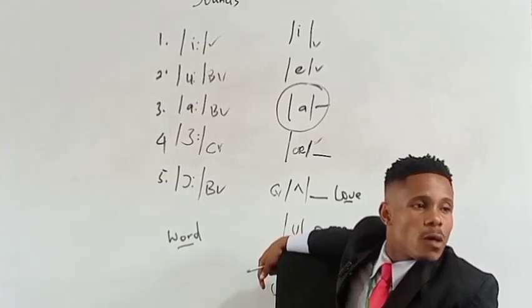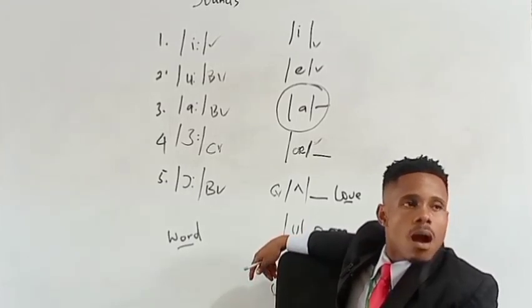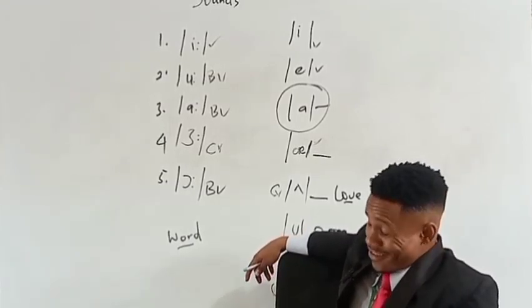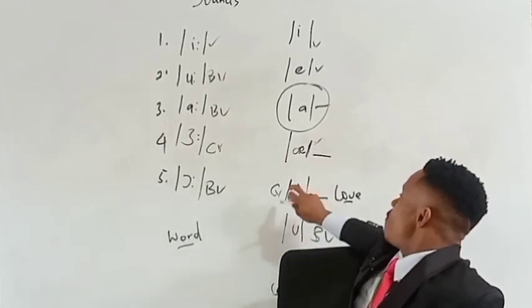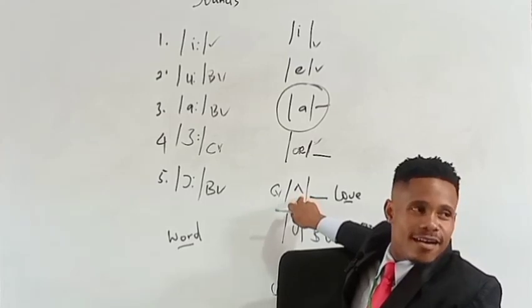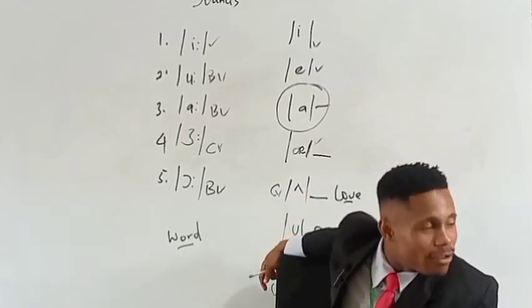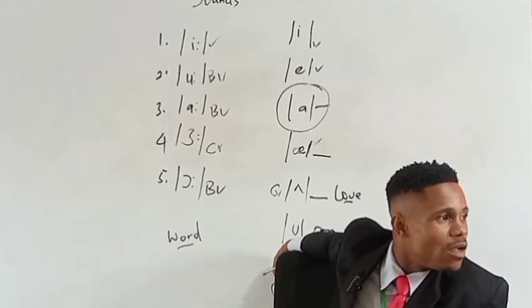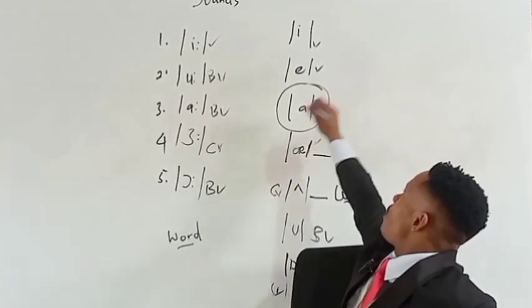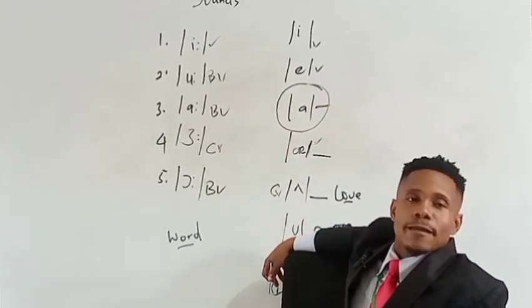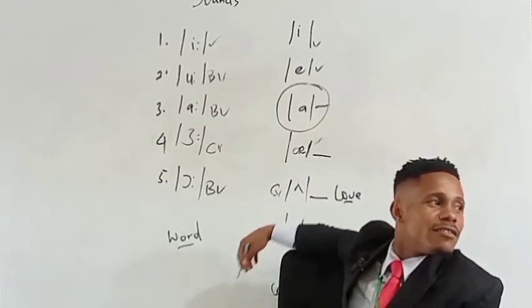Now, try to close your mouth. Hey, try to close your mouth and pronounce it. Okay, close your mouth and pronounce E. Like E. Let your mouth be open, a very small, like this.